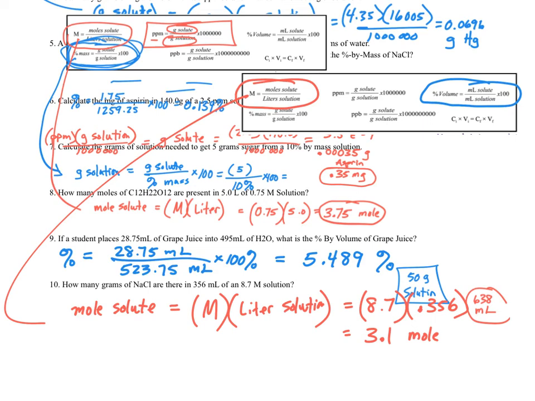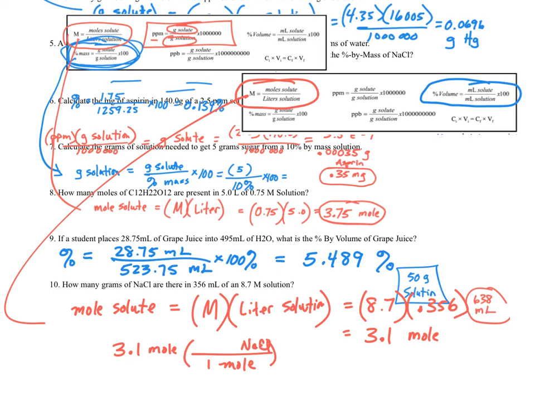Now, they're asking for grams. So we have to have an additional step of multiplying that times the molar mass. All right, the molar mass, which we would get from the periodic table. So for 1 mole of NaCl, how many grams? So we'll look up sodium, 22.99, plus chlorine, 35.45.